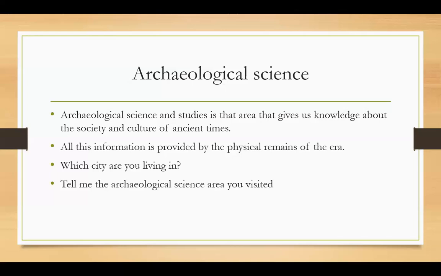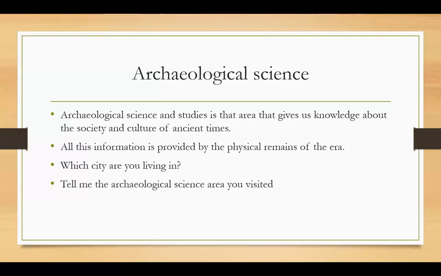Archaeological science and studies is the area which gives us knowledge about the society and culture of ancient times, like the pots they used and the jewelry they used. By analyzing those, we can identify what they would have done. There is a very famous example: in Harappa and Mohenjo-daro, the British were very surprised by the toilet system existing there.